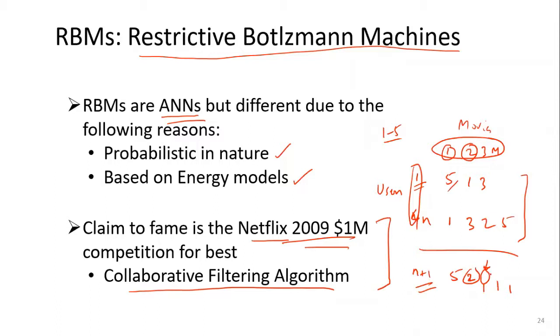Now you might say, well, he's very similar to this particular user because he also gave a 5 over here and a low rating to this particular movie. So he'll probably give a 3 over here.